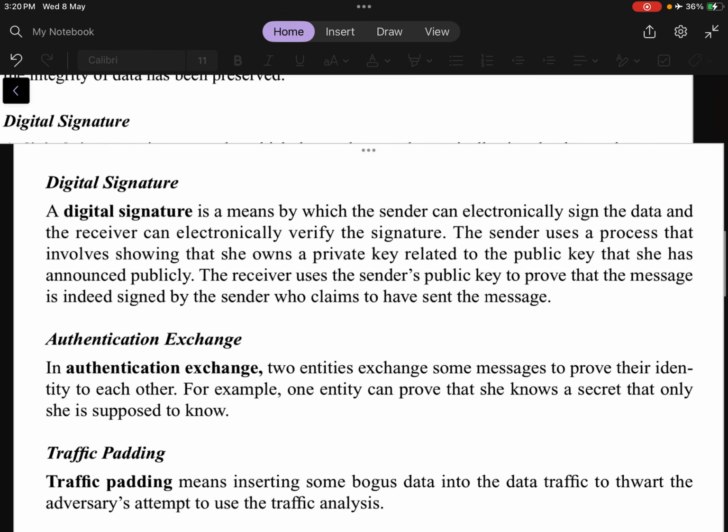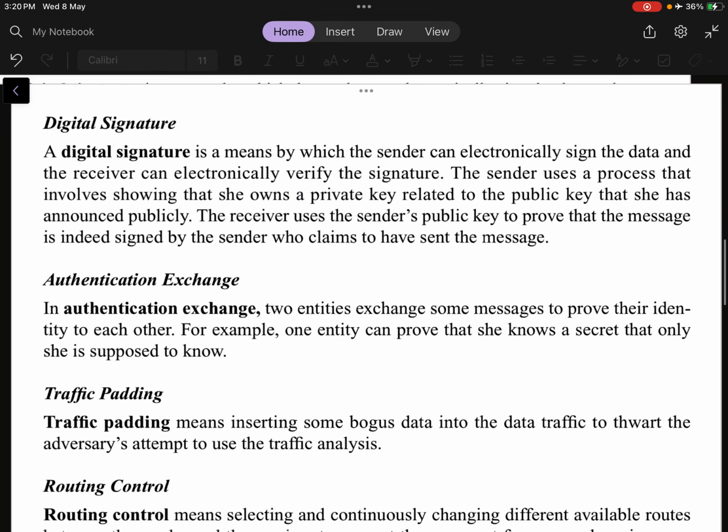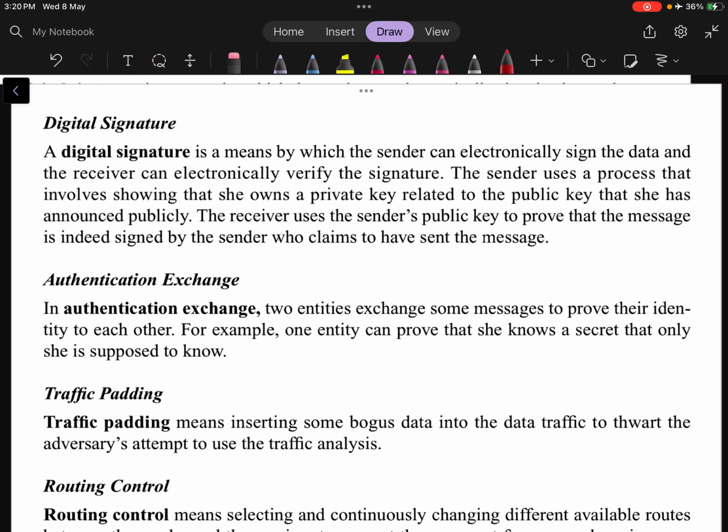Next is digital signature. Digital signature is a means by which a sender can electronically sign the data and the receiver can electronically verify the signature.